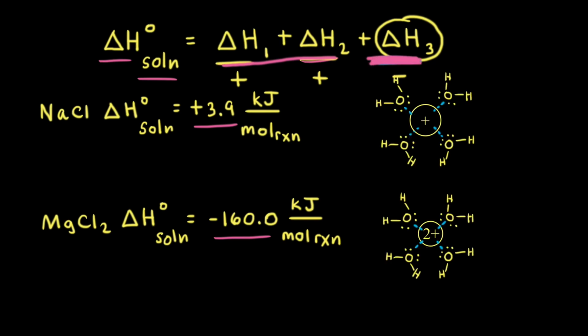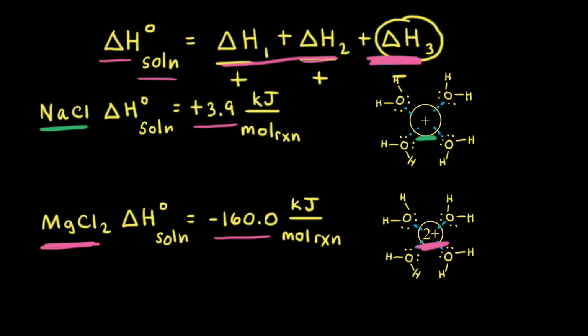So let's take a look at some diagrams showing the ion-dipole interaction of the cation of both of these substances in aqueous solution interacting with water molecules. For sodium chloride, we would have a sodium cation in solution with a 1+ charge. And for magnesium chloride, it would be an Mg2+ cation interacting with the water molecules.